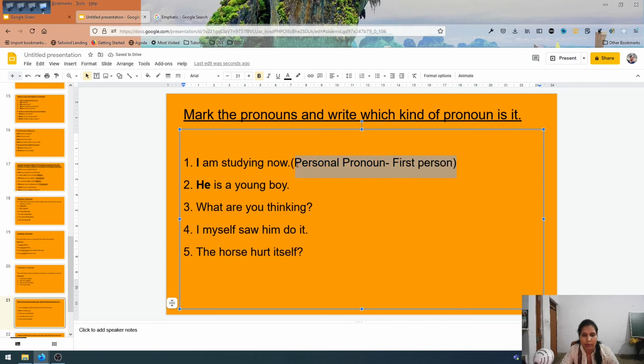So which type of pronoun is it? It's again a personal pronoun, but he is used for which person? It is used for third person. Isn't it? It's a third person pronoun. Again, what are you thinking? So which is the pronoun here?